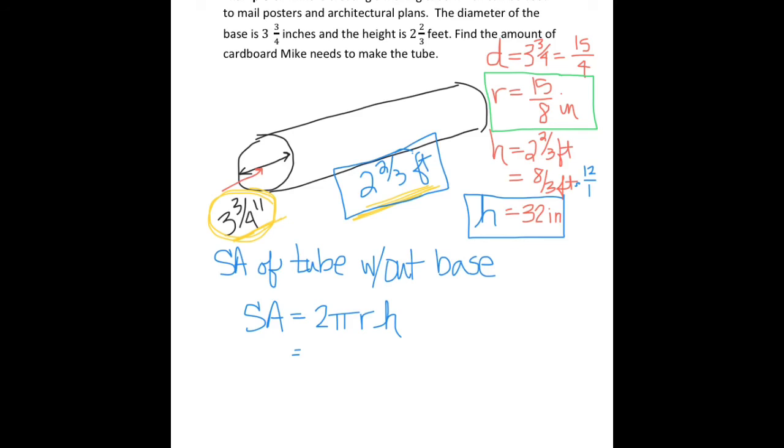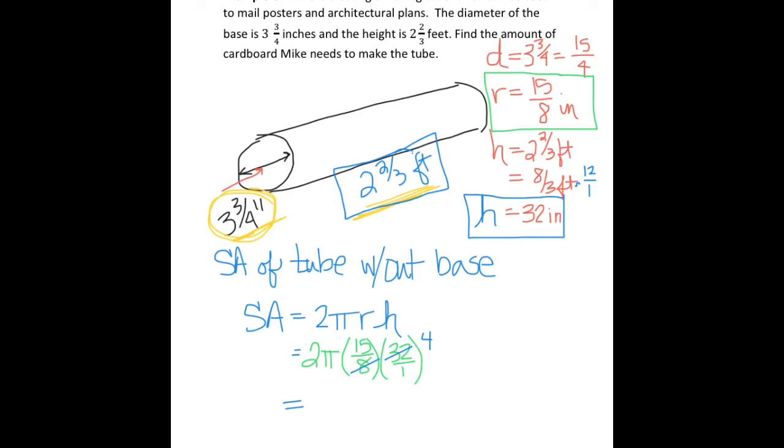So let's plug in what we have. I have 2 times pi times my radius, which is 15/8 times 32. I'm going to write it as 32/1 because I'm going to cross reduce, and that becomes a 4.